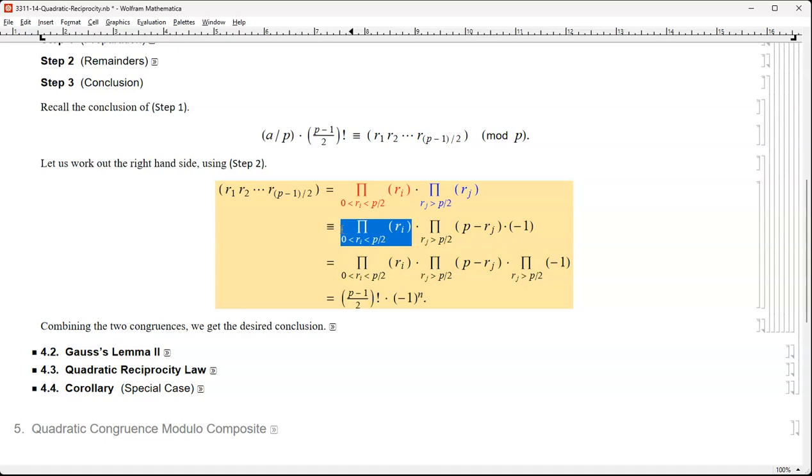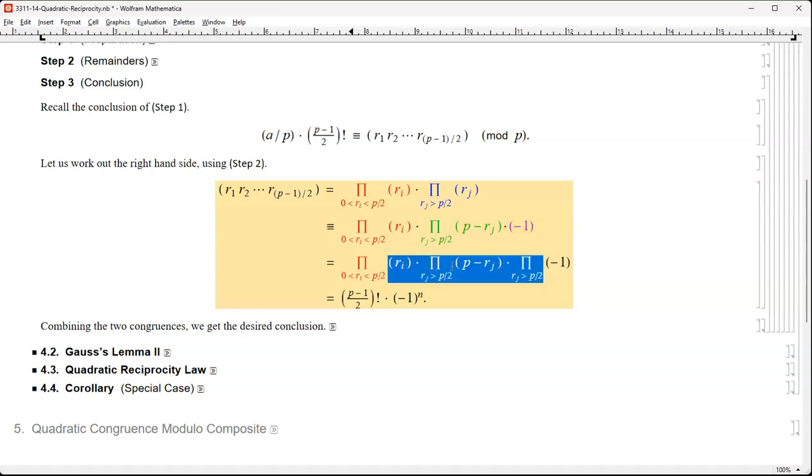The small remainders, all those red, stay put, nothing changes, and all those big ones change to 0 minus R_j, and then times negative 1, we're going to get this, negative canceling out. But then again, if you consider mod p, then this becomes p minus R_j, and then we have an additional negative 1 here.